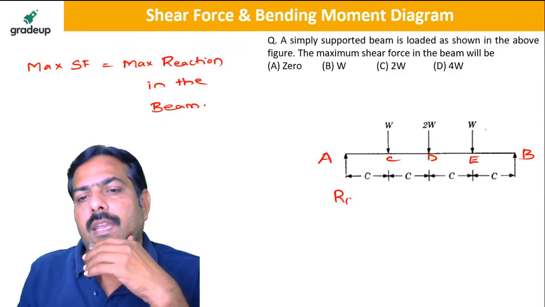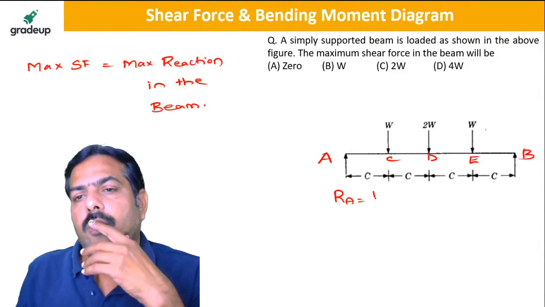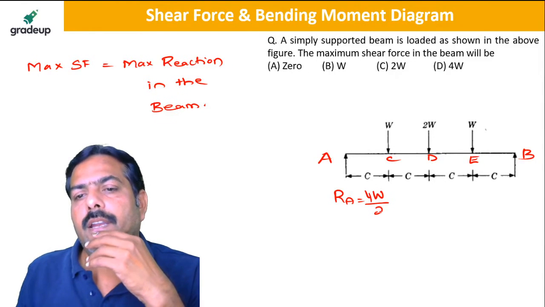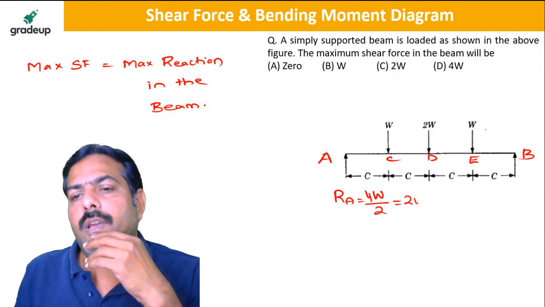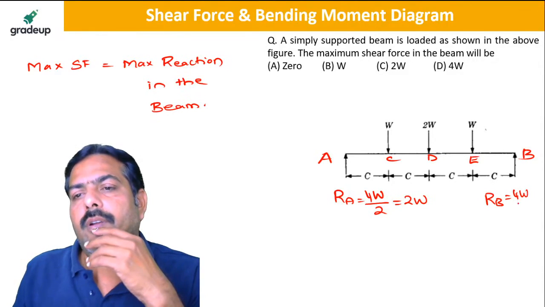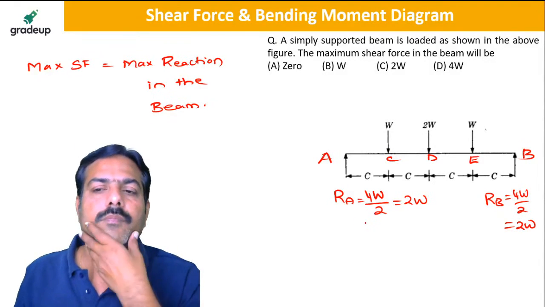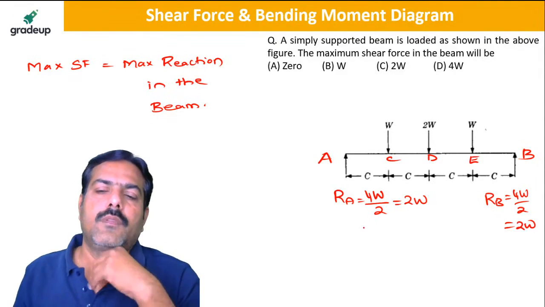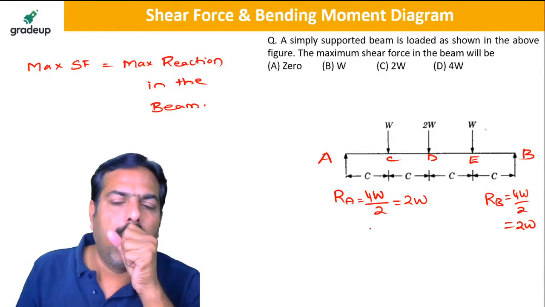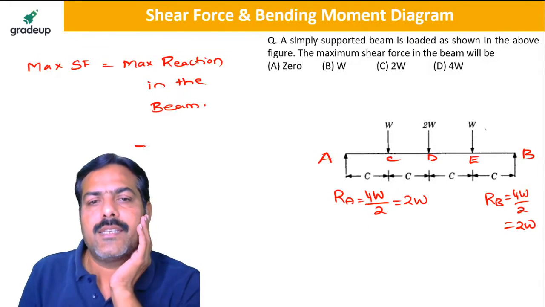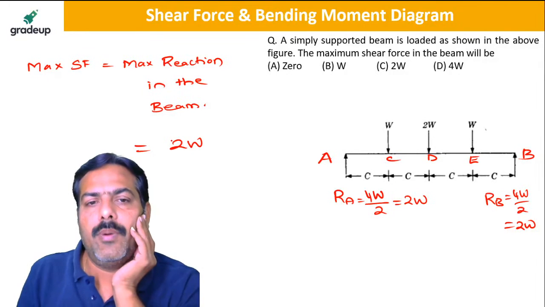So this is RA. RA is equal to total load 4W divided by 2, which is equal to 2W, and RB is equal to 4W divided by 2, which is equal to 2W. So the answer is equal to 2W, my dear friend.